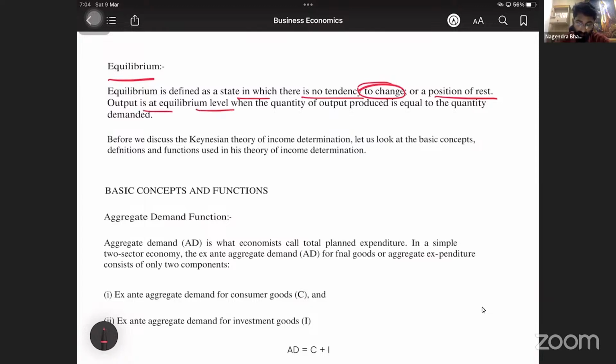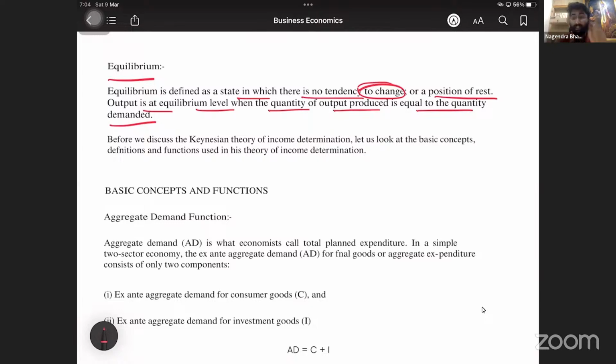Output is at equilibrium level when the quantity of output produced is equal to the quantity demanded. What is produced is equal to quantity demanded. So that is equilibrium. Output is equal to demand. Whatever is produced by the economy is demanded by the people.